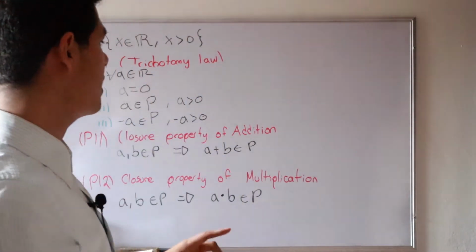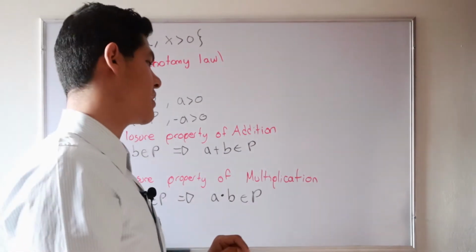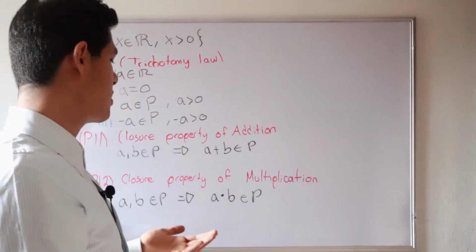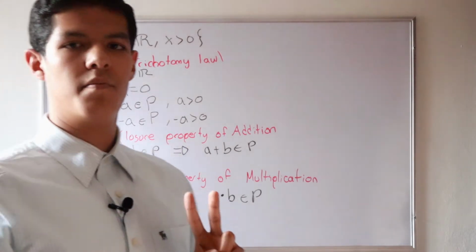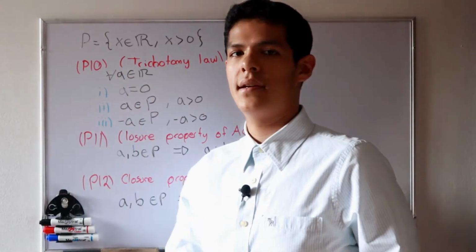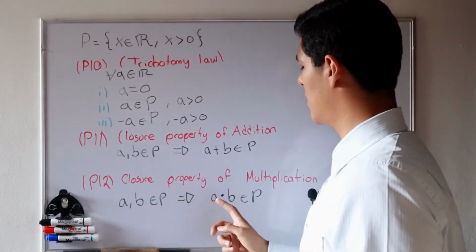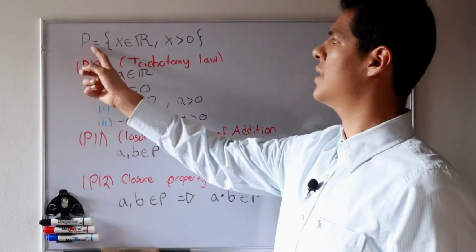The next one is the closure property of multiplication. It consists of given 2 elements that belong to this set, a times b is also in this set.